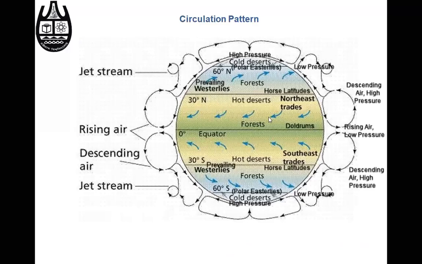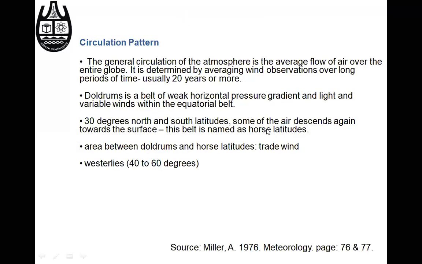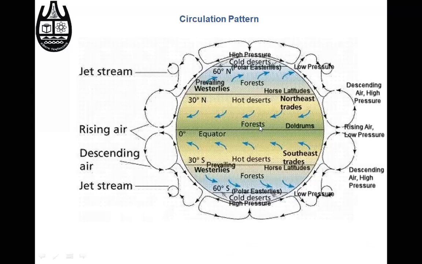When the earth moves, these are the areas that are much more stable than other areas. So that's why, these 5 degrees north and 5 degrees south, we say this is the doldrums. And light and variable winds can be found within this belt.